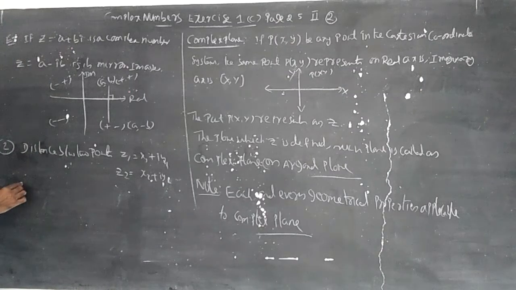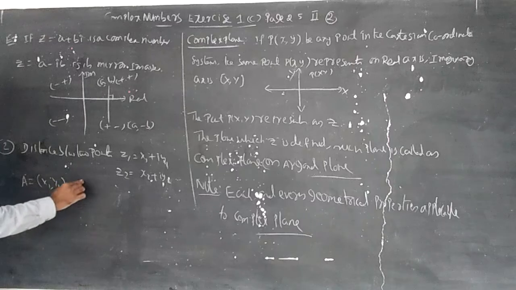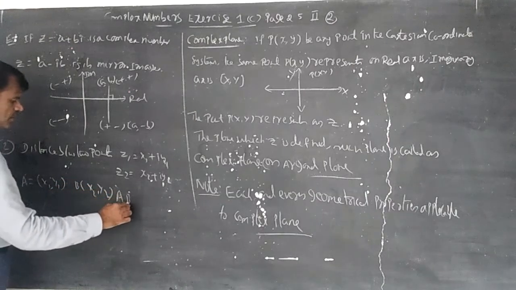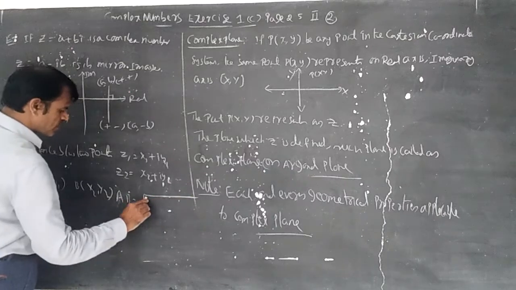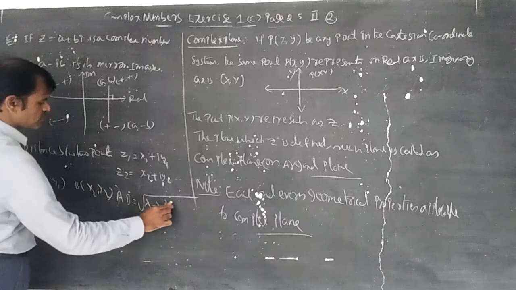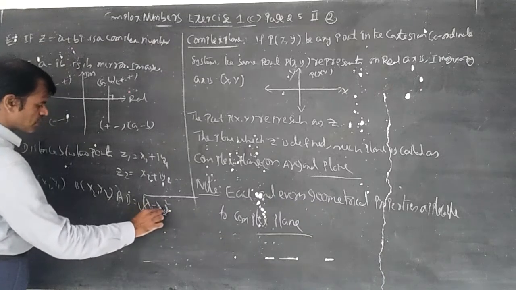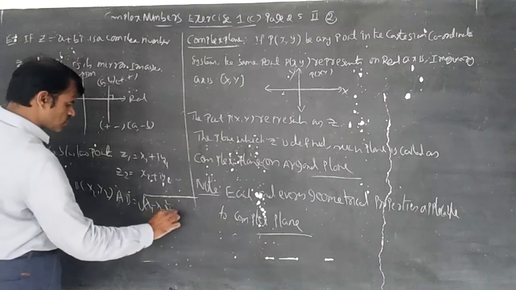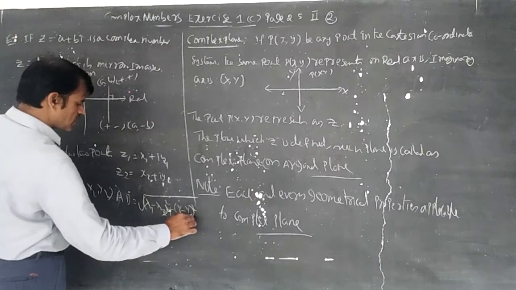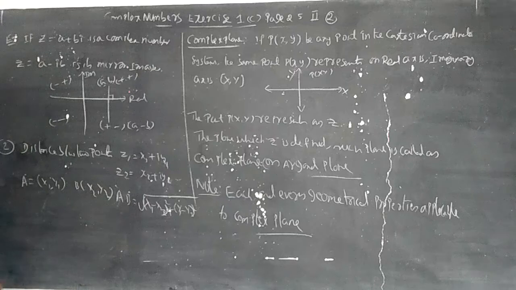Original geometry, let us consider this is z1, z2. If I am writing here A as x1 comma y1 and B as x2 comma y2, AB we can write as root of x2 minus x1 whole square plus y2 minus y1 whole square. Otherwise x1 minus x2 whole square plus y1 minus y2 whole square also we can write.